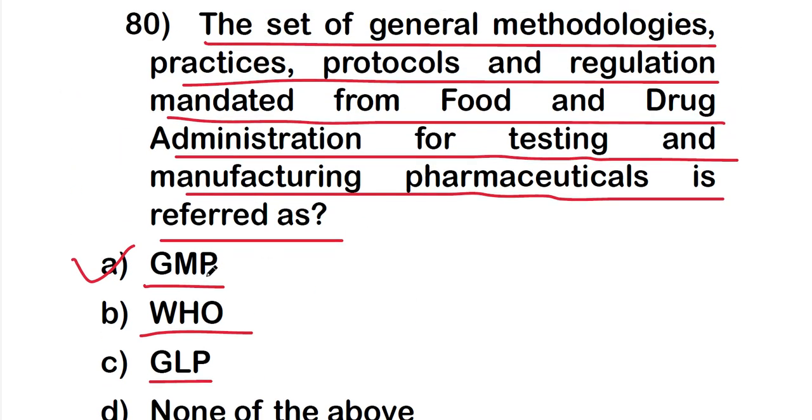Okay, so GMP is the right answer for the set of general methodologies, practices, protocols and regulations mandated by the Food and Drug Administration for testing and manufacturing pharmaceuticals, that is good manufacturing practice.